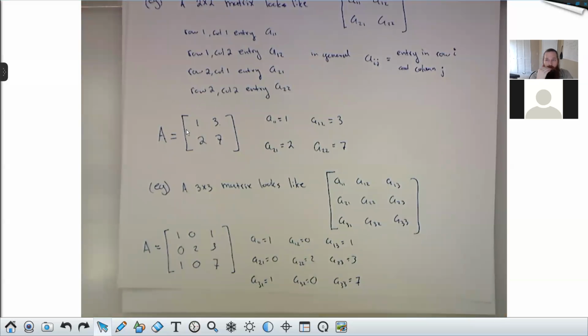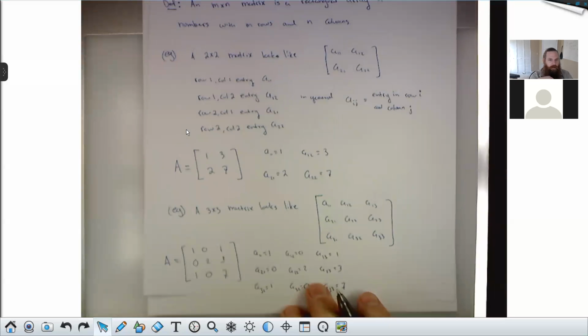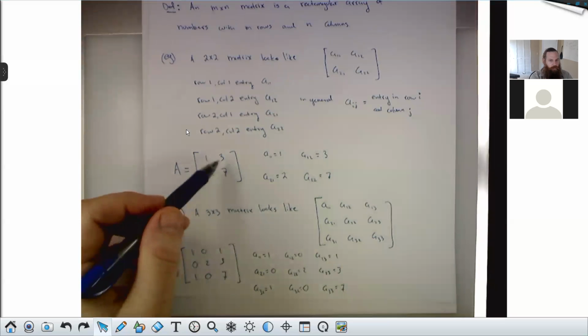Matrices, it turns out, are the right vocabulary to talk about the system problem in. So if you want to solve a system of equations, no matter how big it is, the best way to do that is by converting it into a matrix. So these are what matrices are. Matrices are these rectangular arrays of numbers, right?